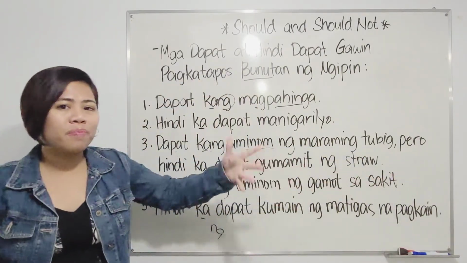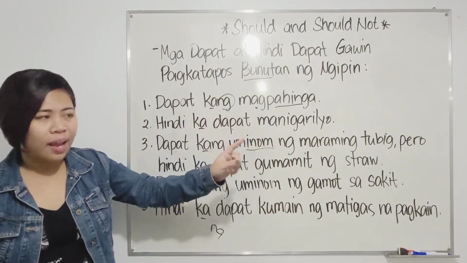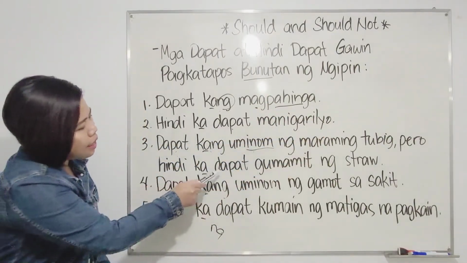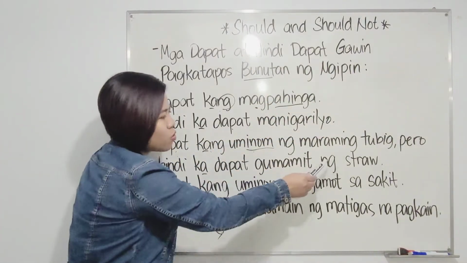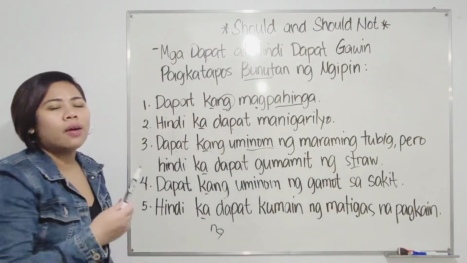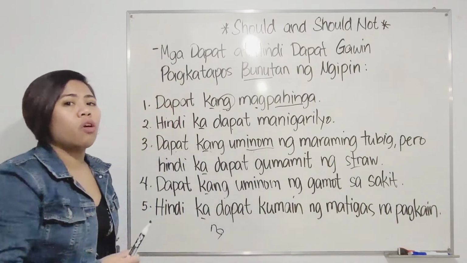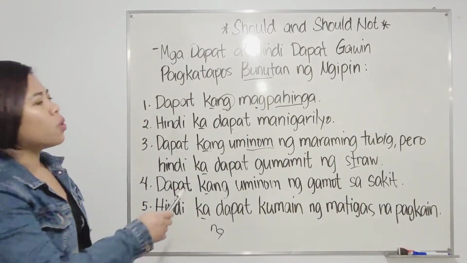Pero, what is pero? We use that several times. But, right? So you should drink a lot of water. But, hindi ka dapat gumamit ng straw. So in Tagalog or in conversational Filipino, we still use the English term straw. You know straw, right? The drinking straw. So what does it say?